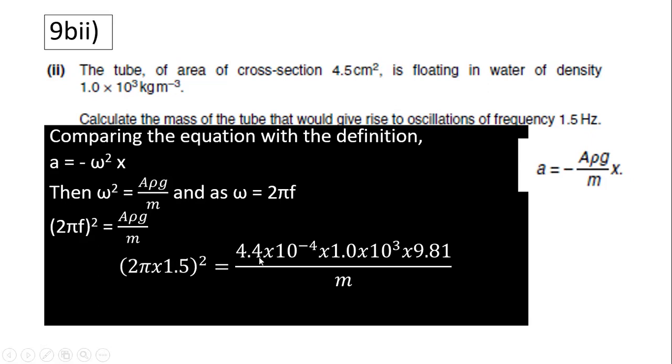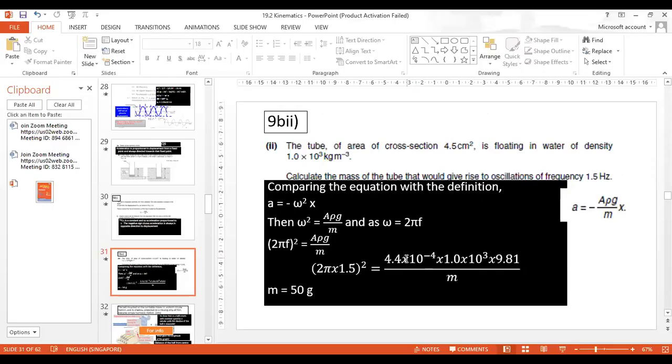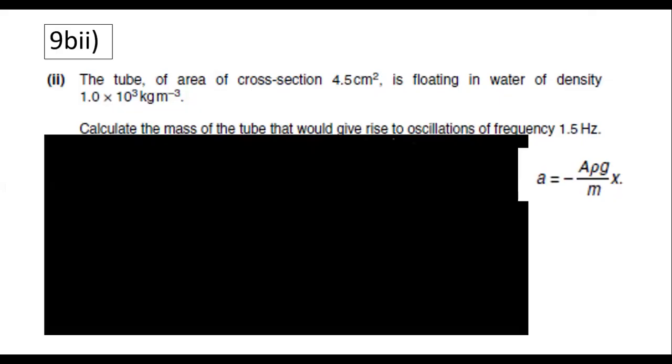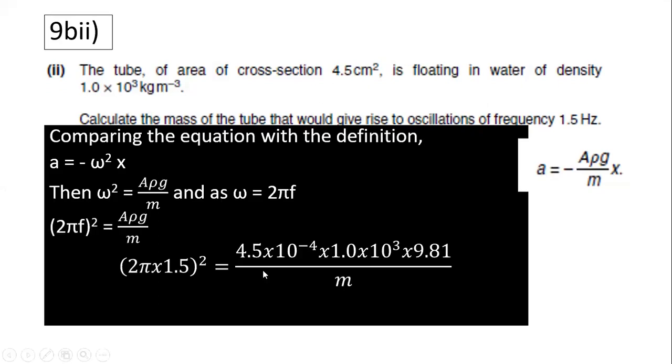It should be 4.5, I wrote 4.4. Convert the cm squared to meter squared. And then density is there. Write down there. g is 9.81. That's your M. And then go and calculate your M. Okay. You can put kilogram if you want to.